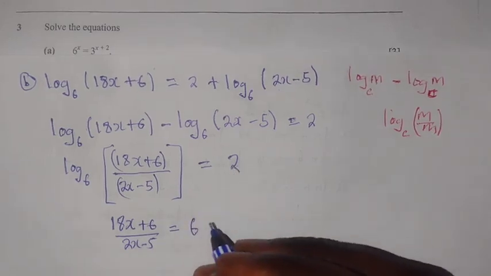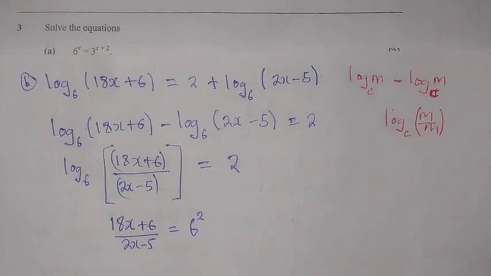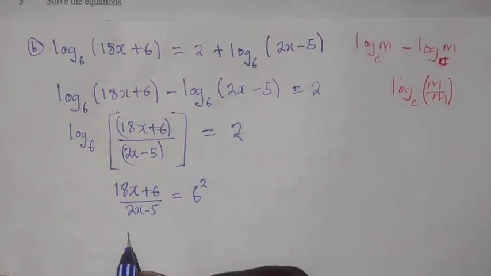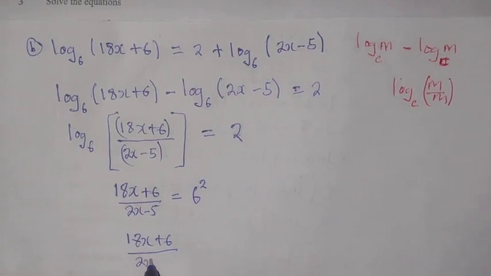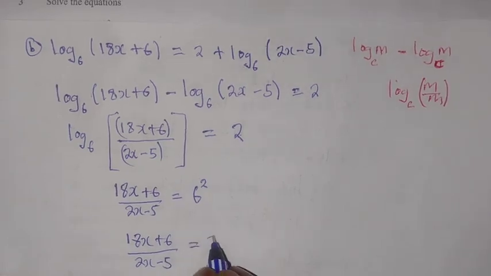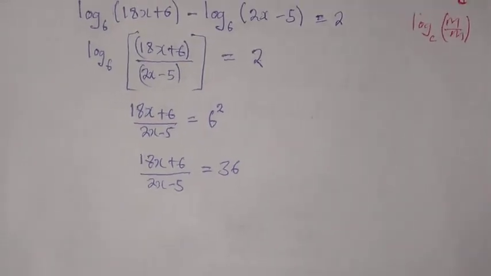Then this 2, which was the answer here, becomes the exponent, which is the power. That's how we express it. So we are going to have 18x plus 6 divided by 2x minus 5 equal to 36, because 6 squared gives us 36.